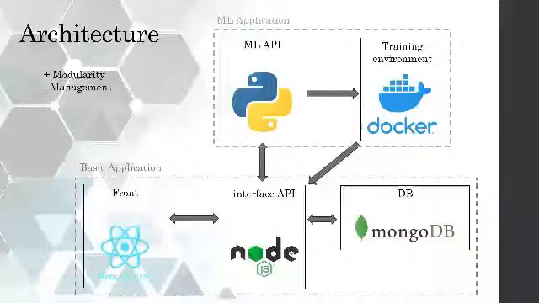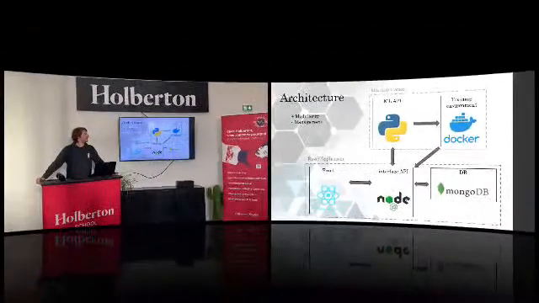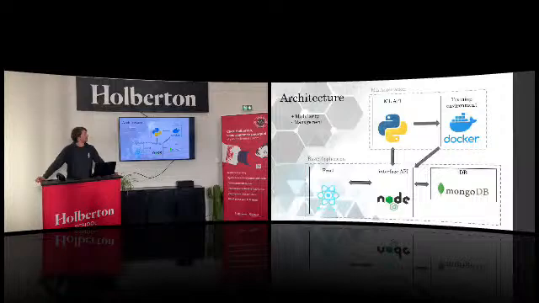And I decided to add another API with a containerizer, Docker, just in order to train and create my model. This second API is everything around machine learning. And I decided to use Python because it's easier to work with TensorFlow, Keras, and every machine learning package.